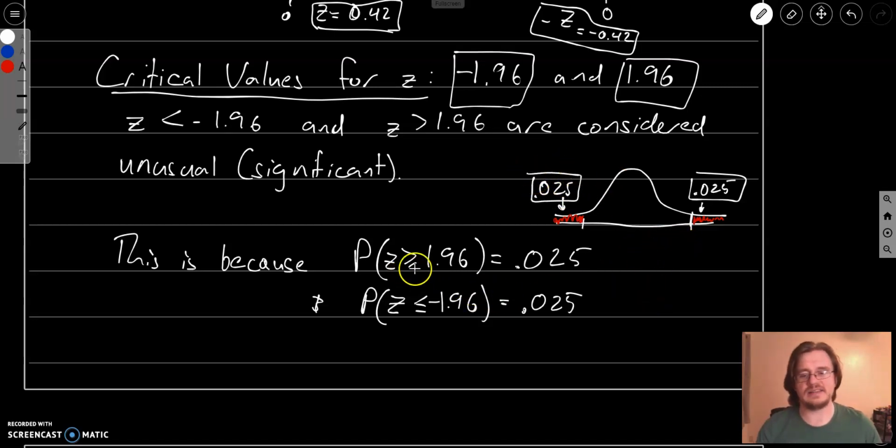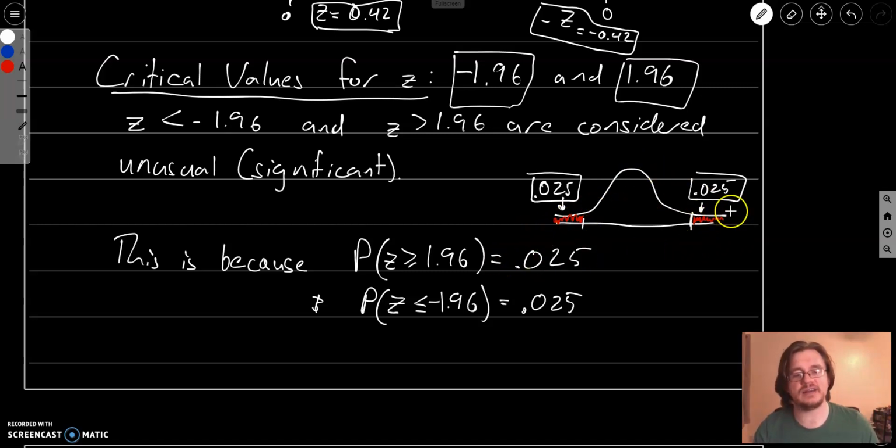So a z-score bigger than 1.96 has a probability of occurring of 2.5%, which I believe is 1 in 40. And you'll get a z-score below negative 1.96 only 2.5% of the time, and that's considered unlikely enough that those would be significant.